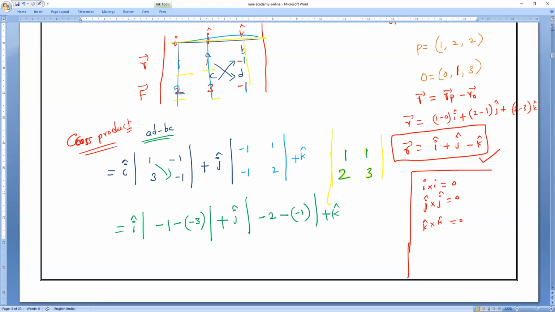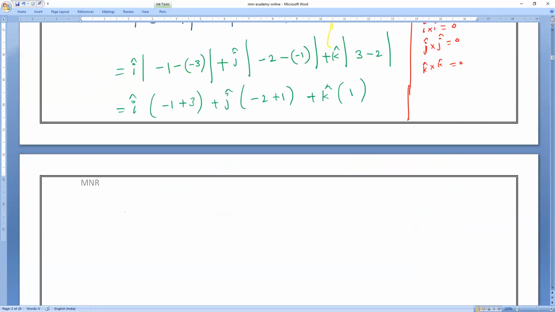Plus K cap into 1 into 3, that is 3, minus 1 into 2, that is 2. Equals I cap into minus 1 plus 3, plus J cap into minus 2 plus 1, plus K cap into 3 minus 2. Right, everybody? That's all.